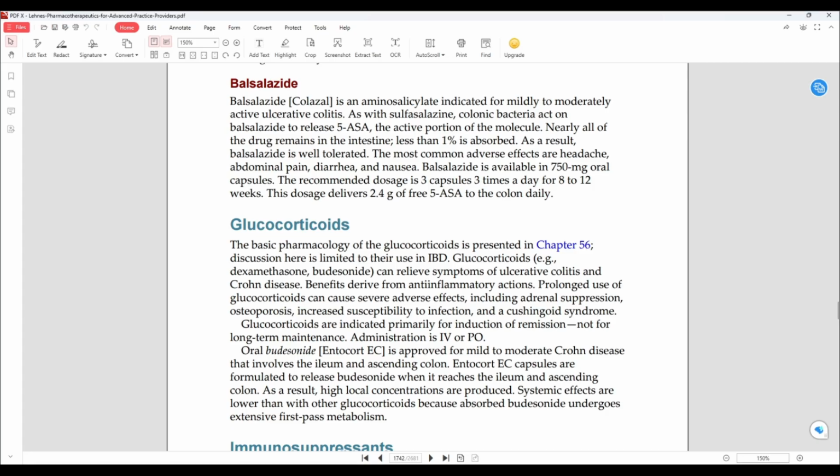As a result, balsalazide is well tolerated. The most common adverse effects are headache, abdominal pain, diarrhea, and nausea. The medication is available in a 750 milligram oral capsule, and the recommended dosage is 3 capsules 3 times a day for 8 to 12 weeks. This dosage delivers 2.4 grams of free 5-ASA to the colon daily.